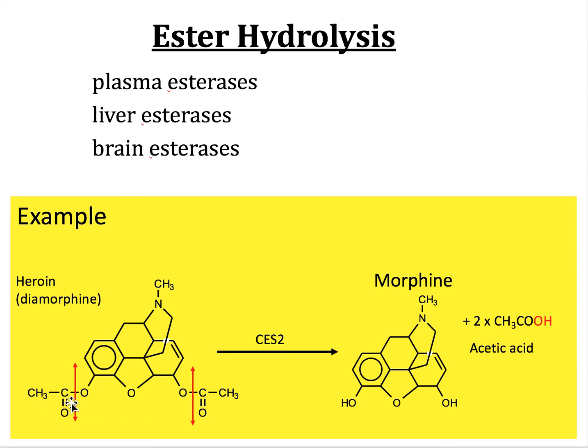If you break it up, you can form a carboxylic acid. An ester is formed from a carboxylic acid and an alcohol, so you can see that's an ester there. So once this breaks up, you end up forming an H, and you can form a carboxylic acid, in this case acetic acid, which is basically vinegar, for those of you that didn't know.